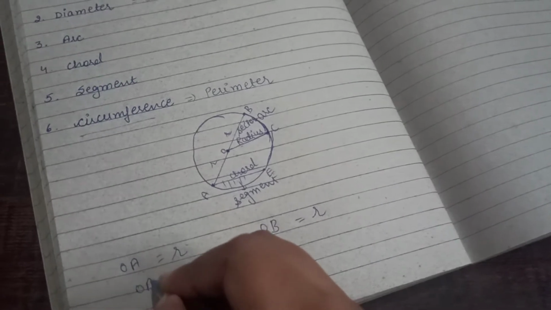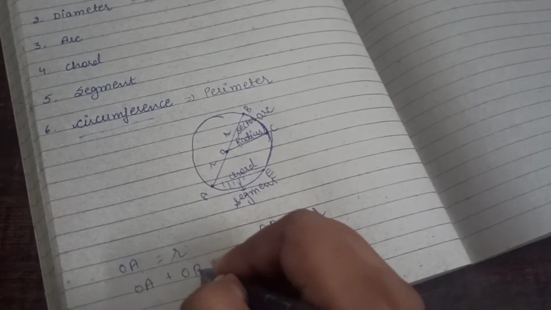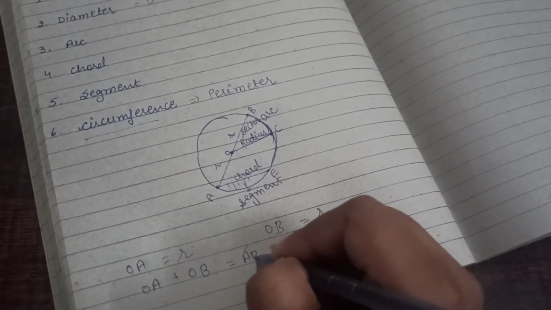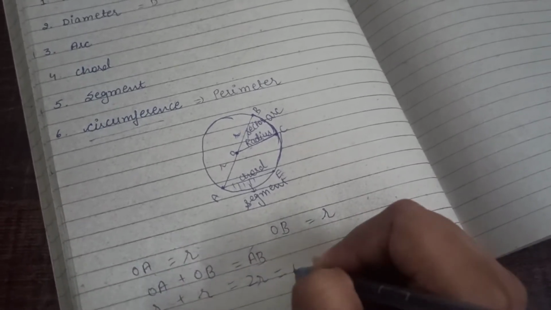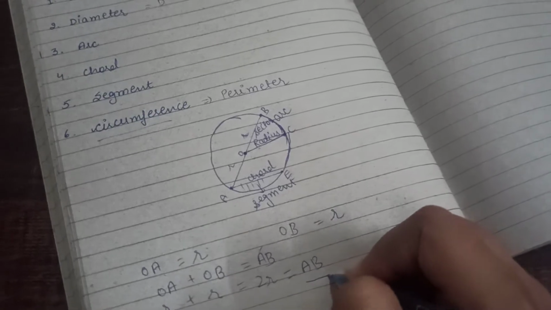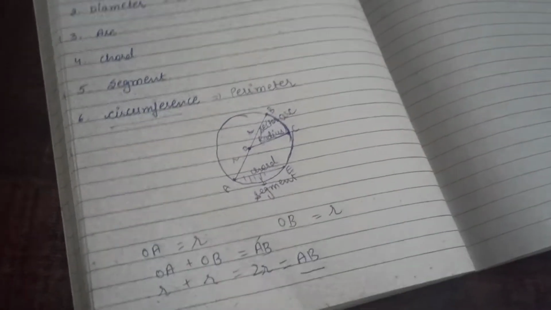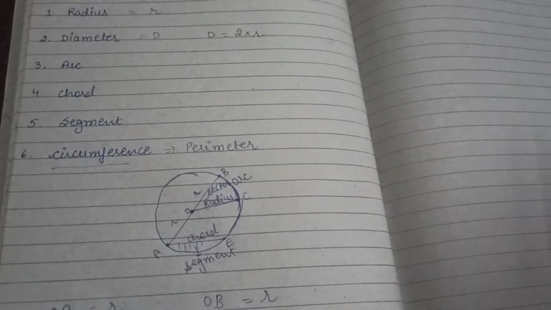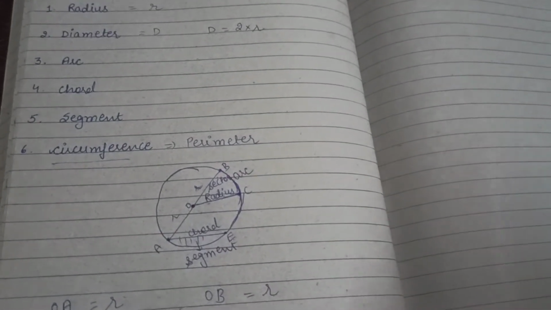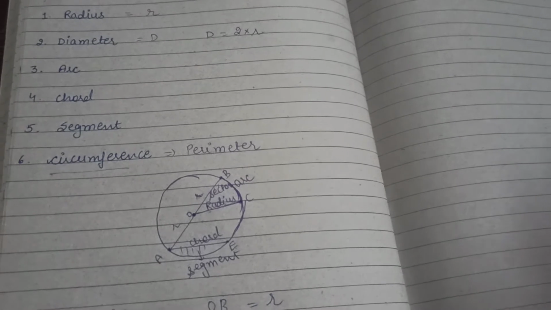So when we join OA plus OB, it makes AB, R plus R equals 2R, which equals AB, and here AB is the diameter. Clear?